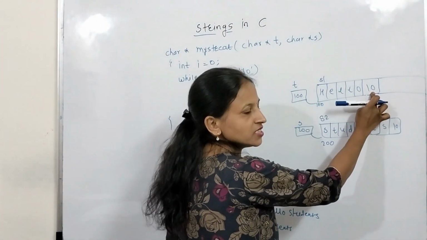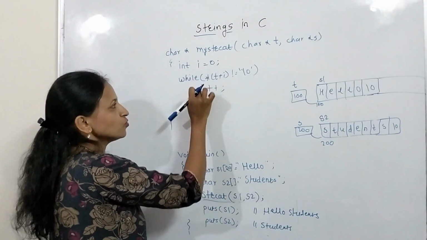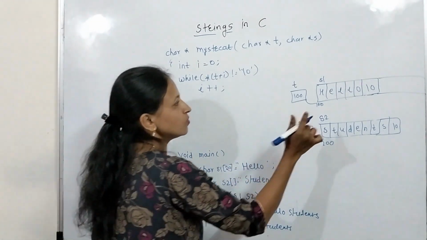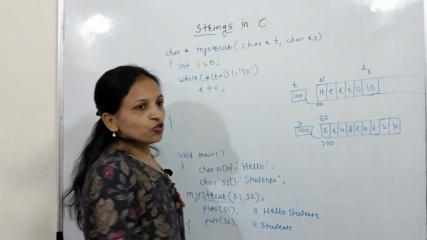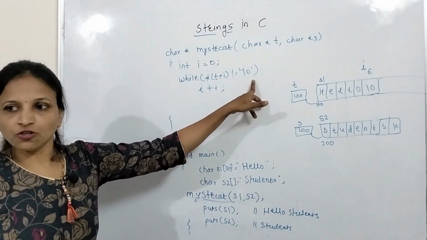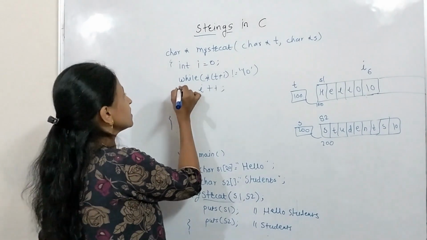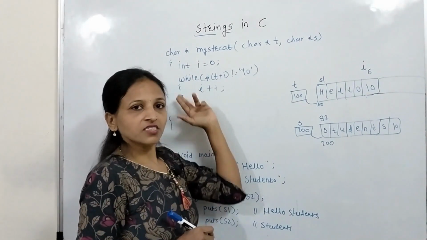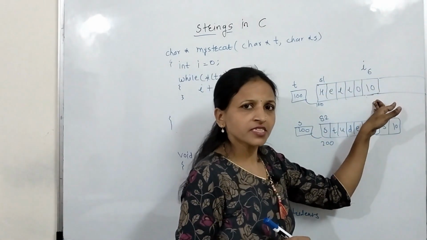Getting? Now here I is 6 at the end, and this loop will get terminated because now I is 6 here and the value of that character is '\0'. That's why it will come out of that while, and there is only a single statement in this while. That's why we can skip that brace, no problem will be there. Now I is having the value 6.